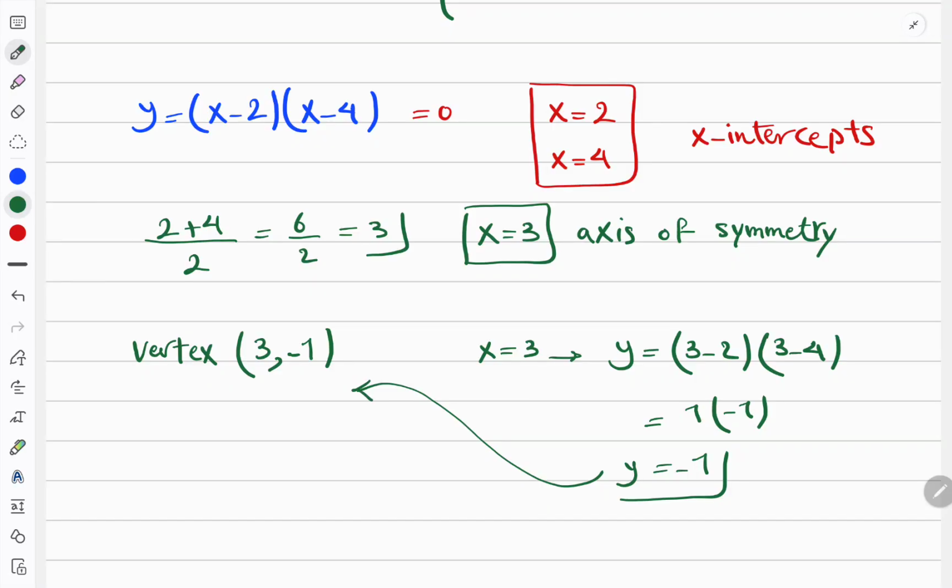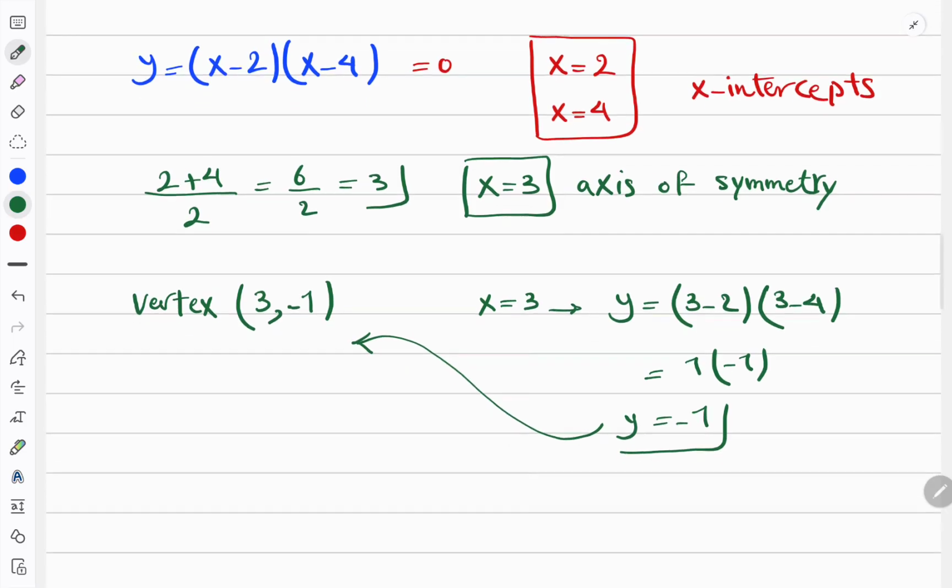So we have two x-intercepts and the vertex, and the last thing that we need is the y-intercept. So this is not in general form. Y is ax squared plus bx plus c. To find c, the y-intercept, we need to let x be 0 to find y.